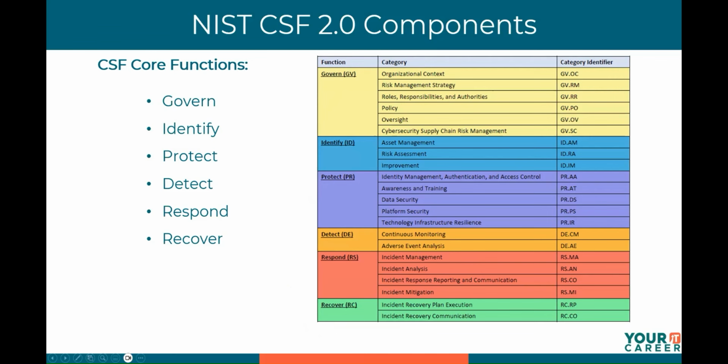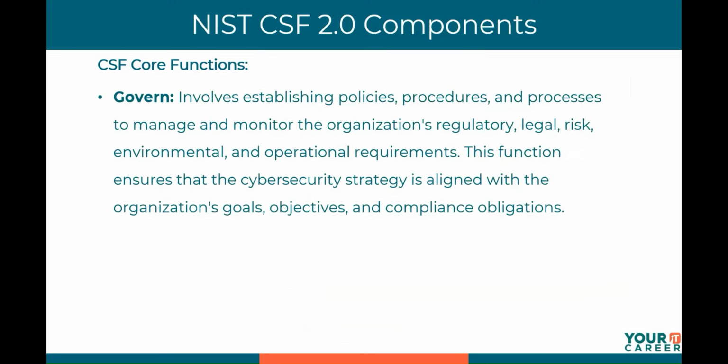So let's go into each function so that we can get a better understanding of what it is. And you guys are going to start understanding, because now you'll see the relationship with some of the other things you've learned. So the govern function, this is the first function. Again, this impacts all other functions. The govern function is really around establishing policies, procedures, and processes.